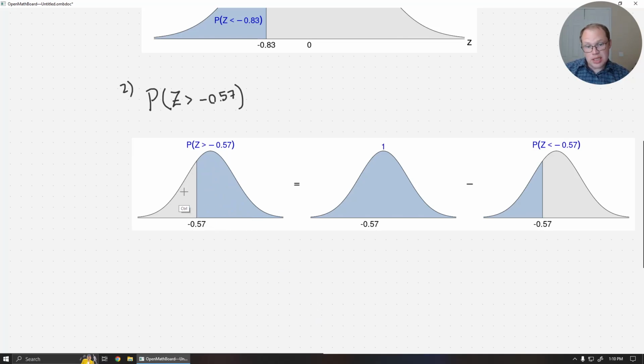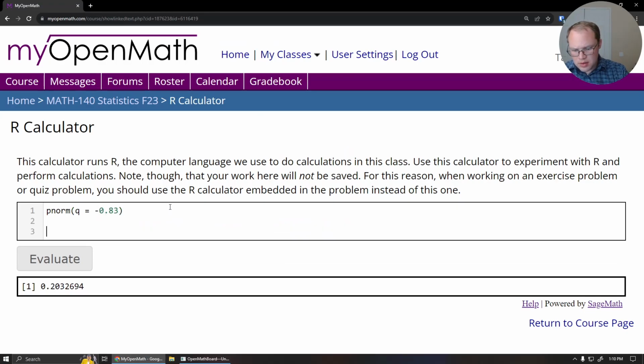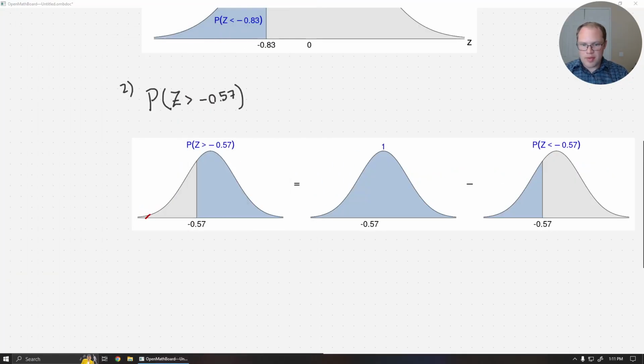By default, it gives me the probability to the left. That's not the probability I want. So if I stick that in here, pnorm q equals negative 0.57, that's not going to give me the right answer. It gives me 0.284. That's the area of this region here. That's not what I want. I want the area over here.